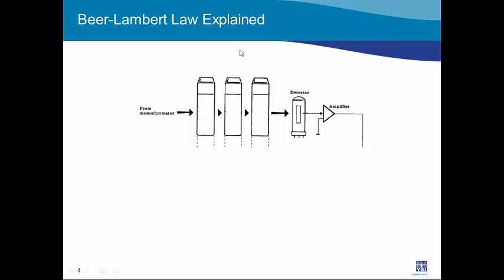If we had broken our sample into 3 equal-sized cuvettes with the same sample, we would find that each cuvette absorbs the same equal proportion of light as each other cuvette. We'd also find that as the number of cuvettes increases, say from 3 up to 4 or 5 or 6, the intensity at the detector would be lower.